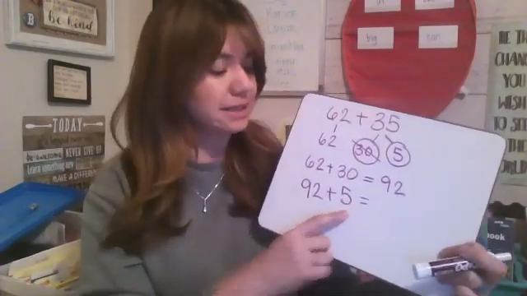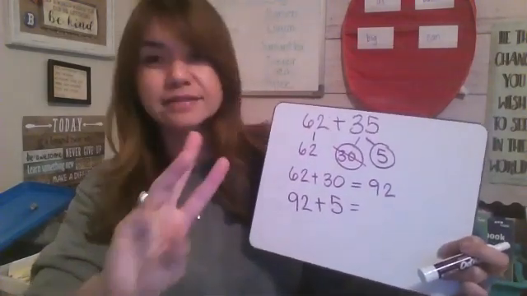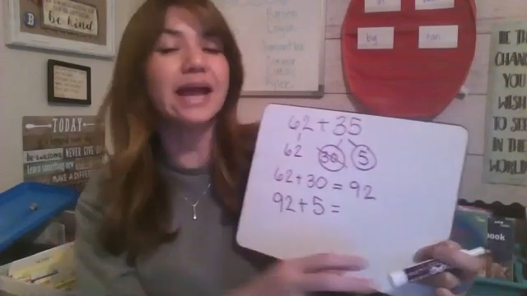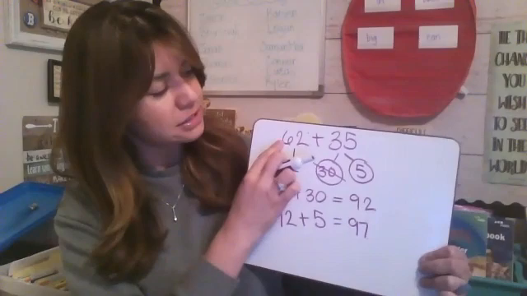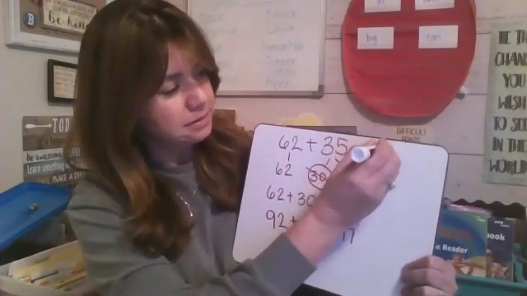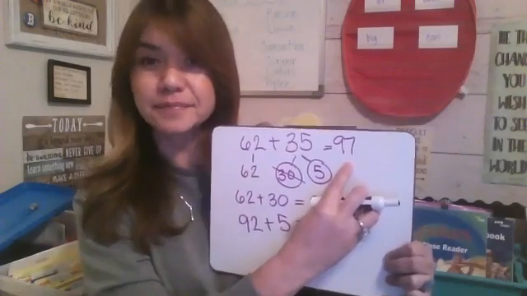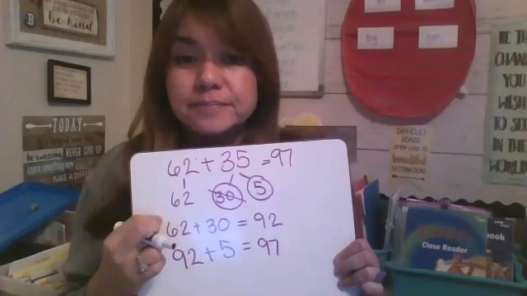It looks and sounds like this: 92, 93, 94, 95, 96, 97. 97 altogether. Okay, so 62 plus 35 equals 97. All right, so breaking apart numbers is one way that you could solve for it.